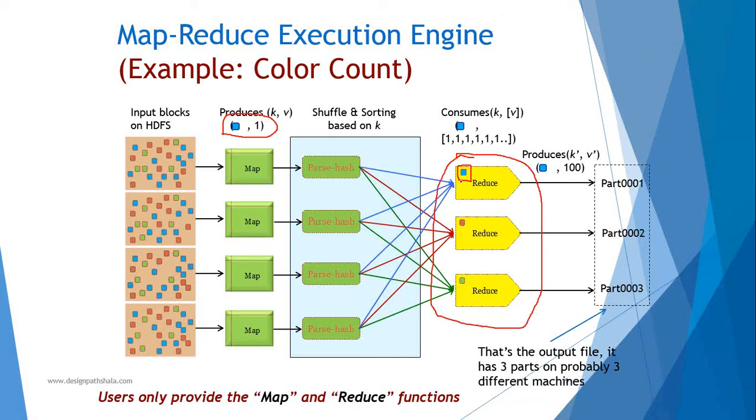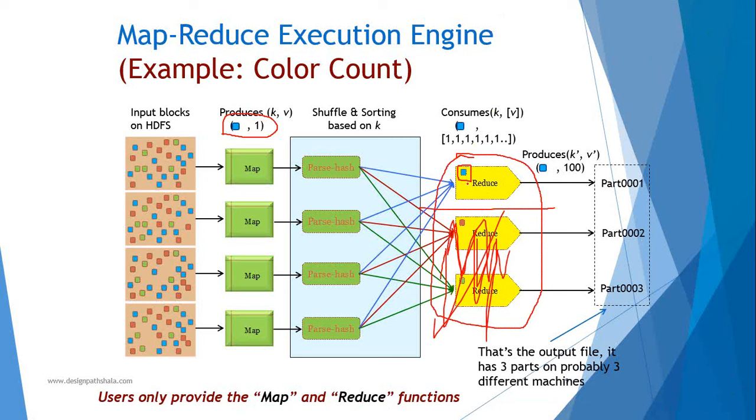So for example, if there is only one reducer created in this scenario, then all your blue, green, and brown keys, this reducer is handling all your keys. So in that case, all your blues, browns, and greens will be sent to this reducer only.